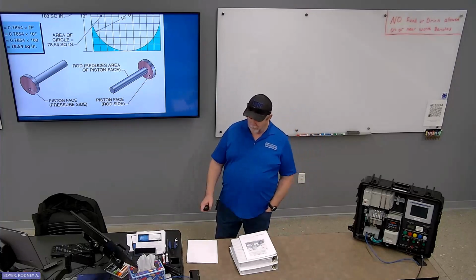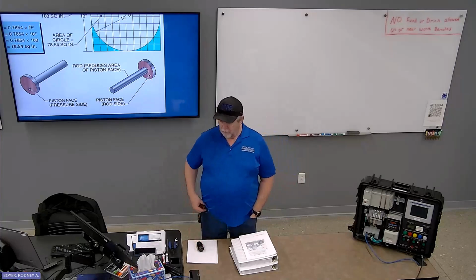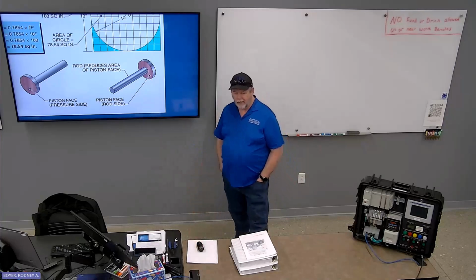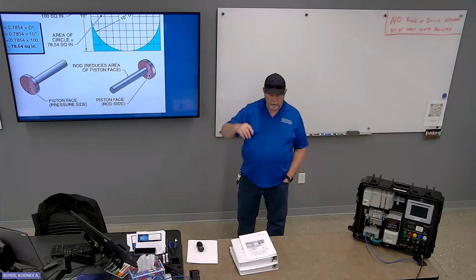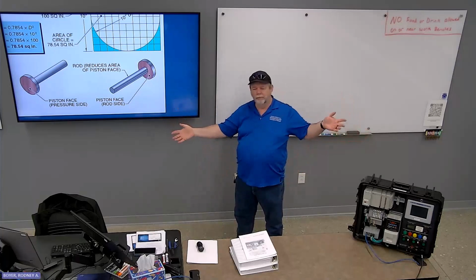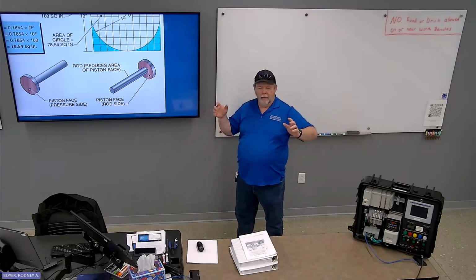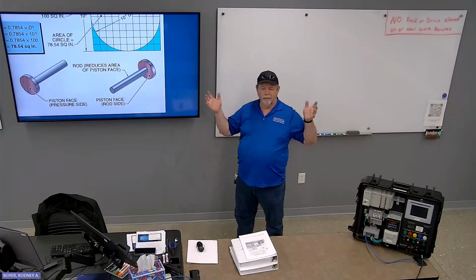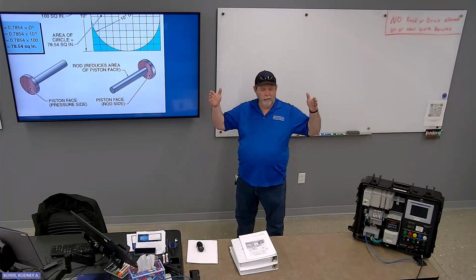So a lot of people, if you say, hey, I've got a 10-inch bore cylinder, 5 feet long, and I apply 100 pounds per square inch of pressure to both sides of it at the same time, what happens?